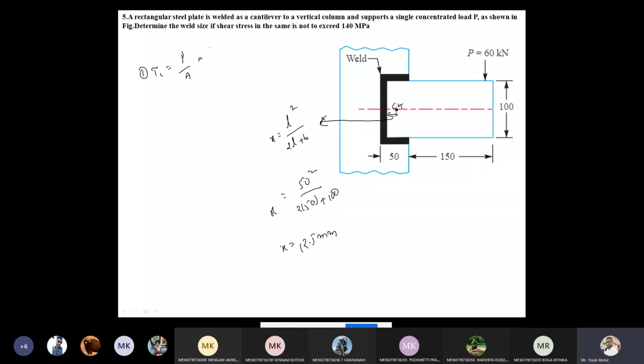load by area. Load is given 60 into 10 to the power of 3. Area is failure area we need to consider. That is 2 into T into L. So that is 60 into 10 to the power of 3 by 2 into 0.707 into S into L, length of the weld is given 50. Okay.